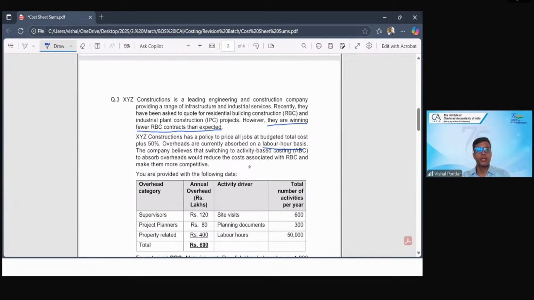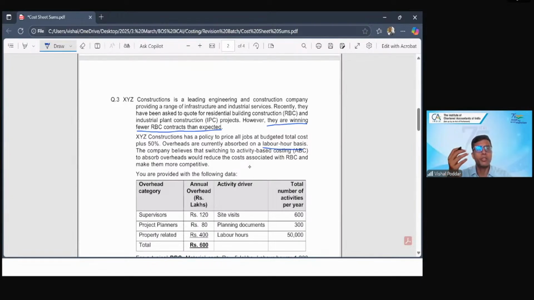Now, since you are winning fewer contracts, and because of using ABC in your company, you're expecting that the cost of RCB will go down. Anyways, we have got a lower cost of RCB under ABC approach because of more appropriate apportionment of the overheads cost. But besides this, they are also saying that the cost of RCB would further come down because once you start adopting ABC, you make those changes.